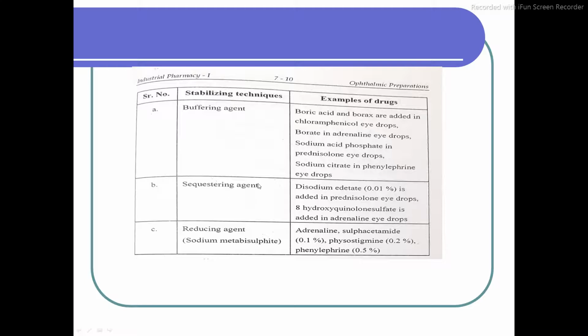By addition of a sequestering agent. For example, disodium edetate, EDTA. Once you add the EDTA, it will remove all free metal ions present in your preparation. The next one is the reducing agent, that is sodium thiosulfate, which can prevent the oxidation of adrenaline and sulfacetamide. So these are various examples of stabilizers which are used to ensure the stability of your ophthalmic preparation.